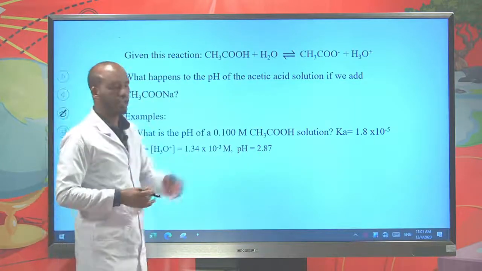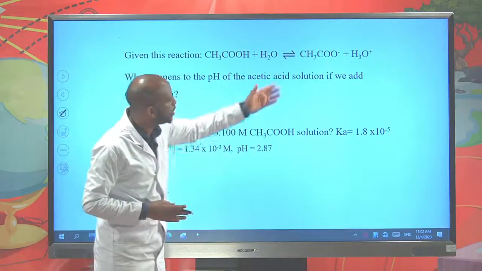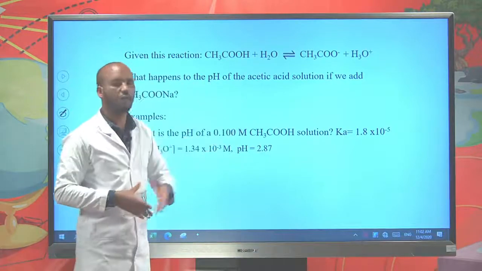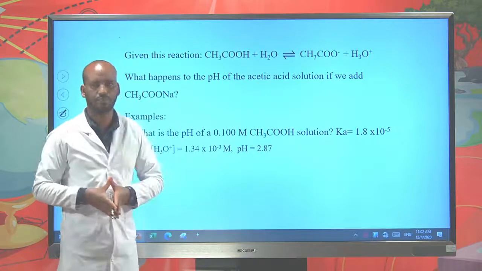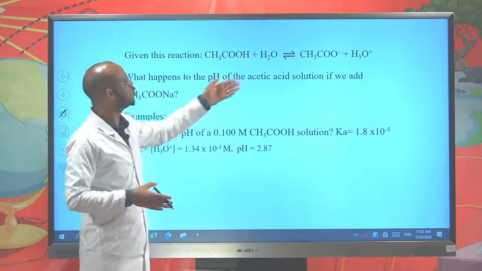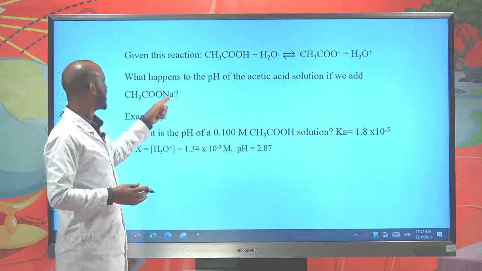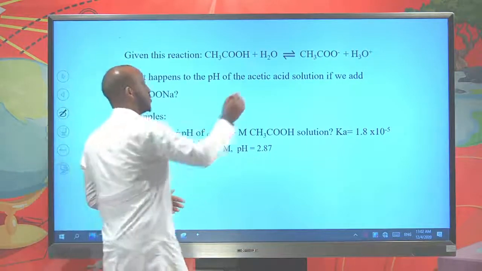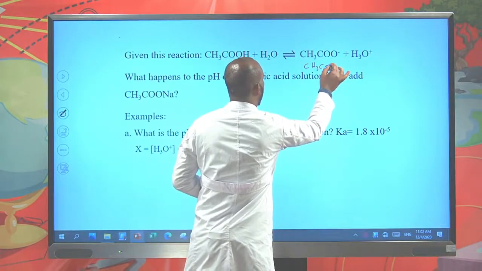Given this reaction, acetic acid plus water in equilibrium with acetate plus hydronium ion, what happens to the pH of the acetic acid solution if we add sodium acetate? If sodium acetate is added to this equilibrium reaction, then the sodium acetate provides a common ion, which is acetate, CH3COO minus.